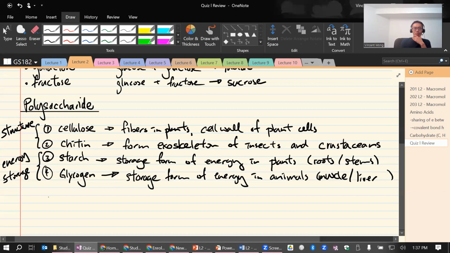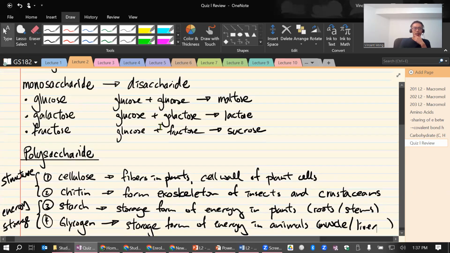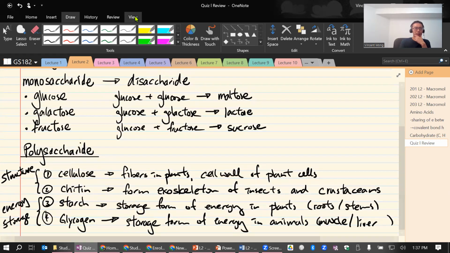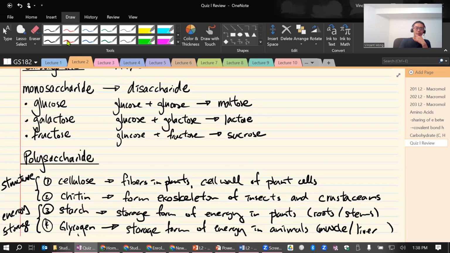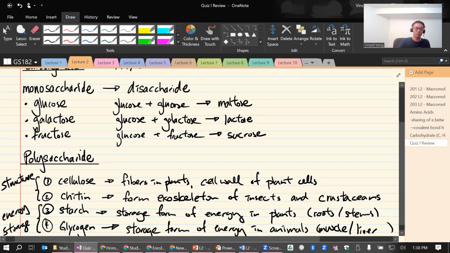So, we have the polysaccharides, we have the function. That's pretty good, right? Another thing that just came to my mind, and I'm not doing this in any particular structure, and you should, when you do your study notes, I guess. But it's like whatever comes to your mind, right? Like, for example, glucose.